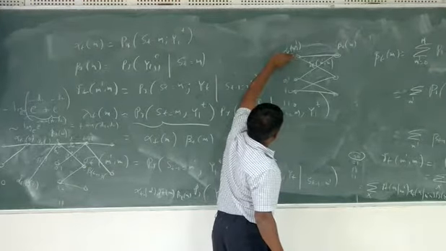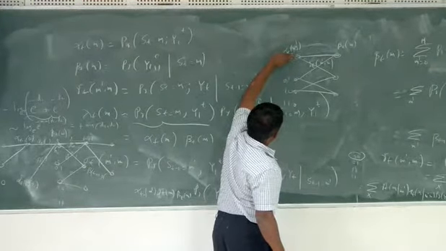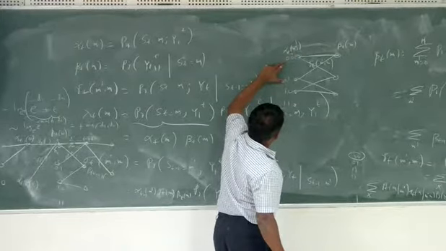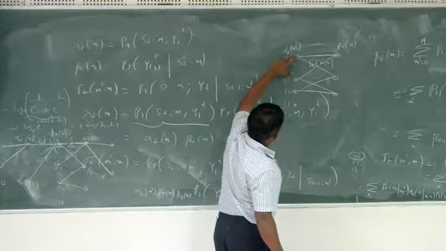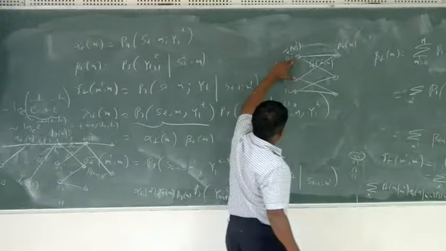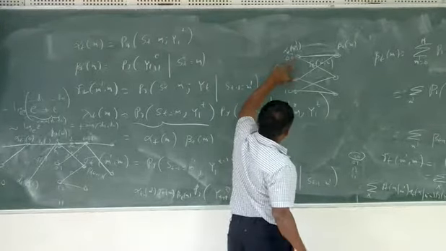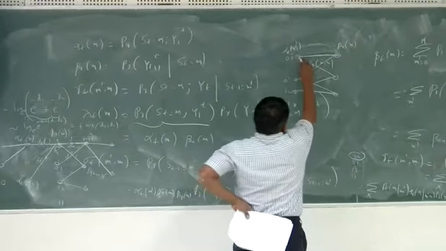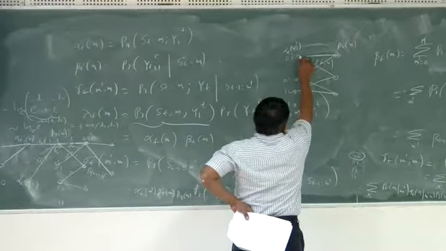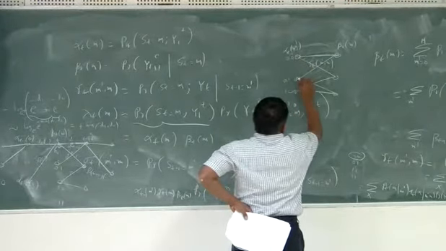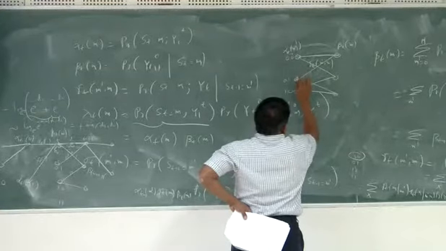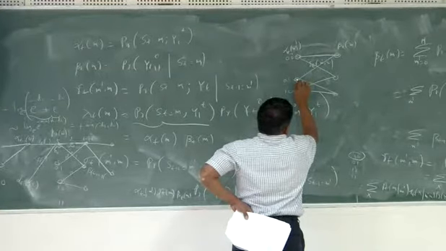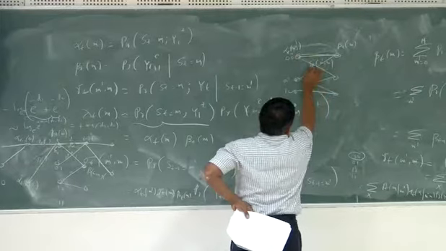Now the forward metric here. You have 0 0 here. We sum it over these two metrics, right? And those two are called the forward metric. Still some backward metrics are involved, right?